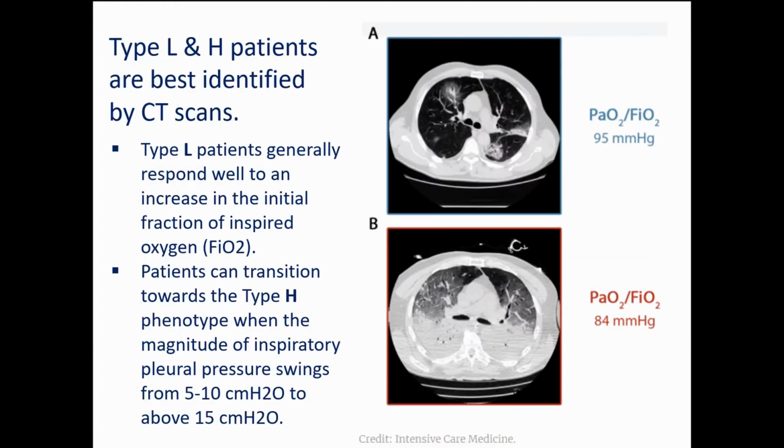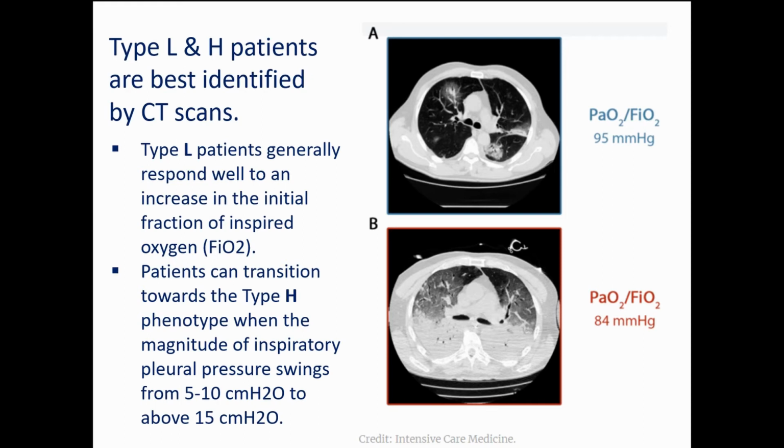Okay, so when it comes to blood oxygen level, you have two areas, one would be normal, the other one would be low oxygen level. In L type, the patients basically respond well to inspired oxygen.